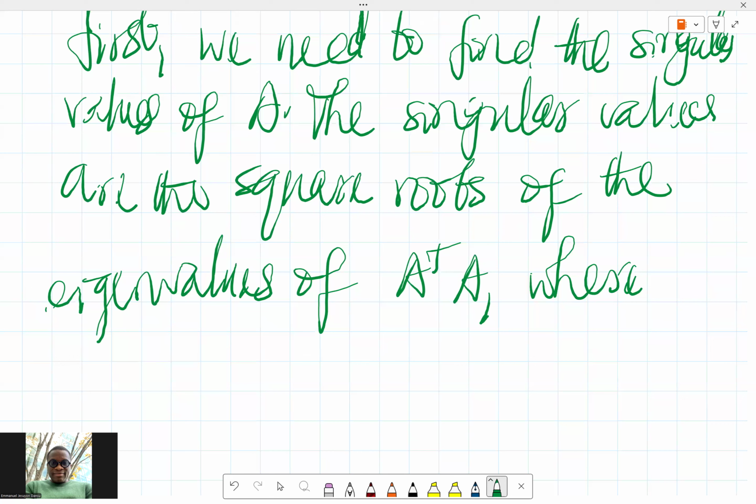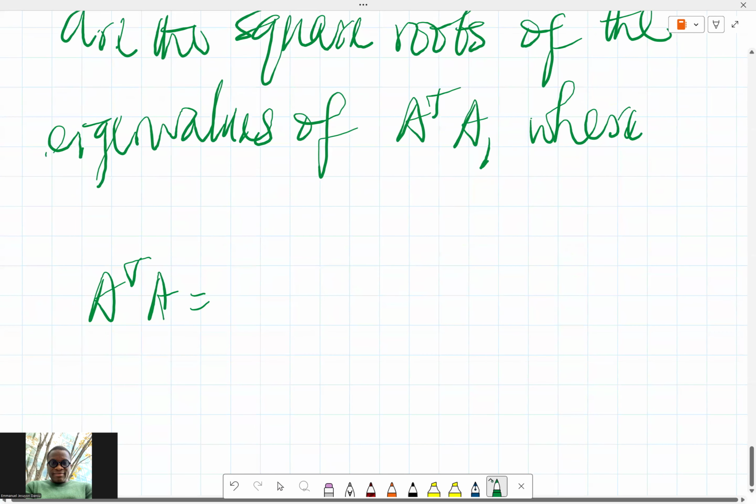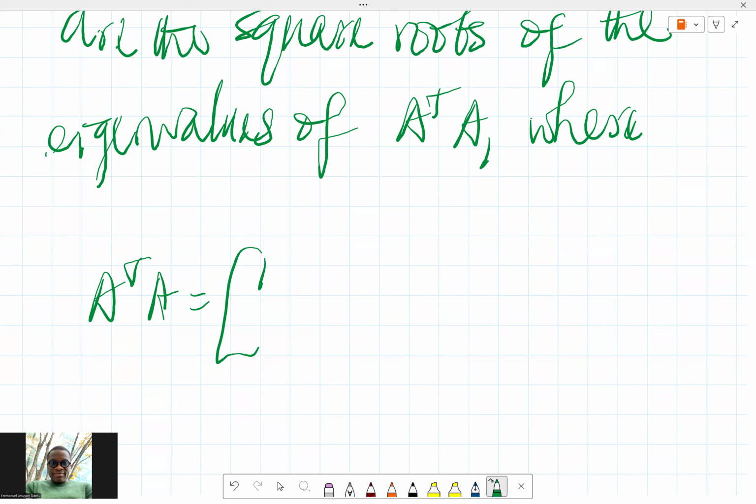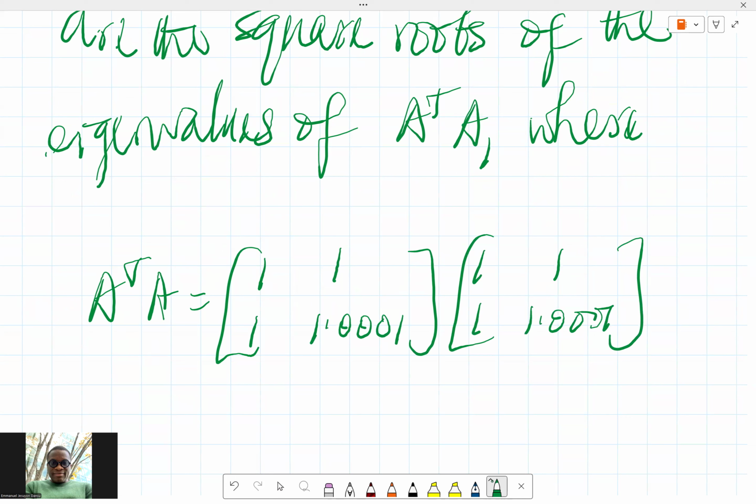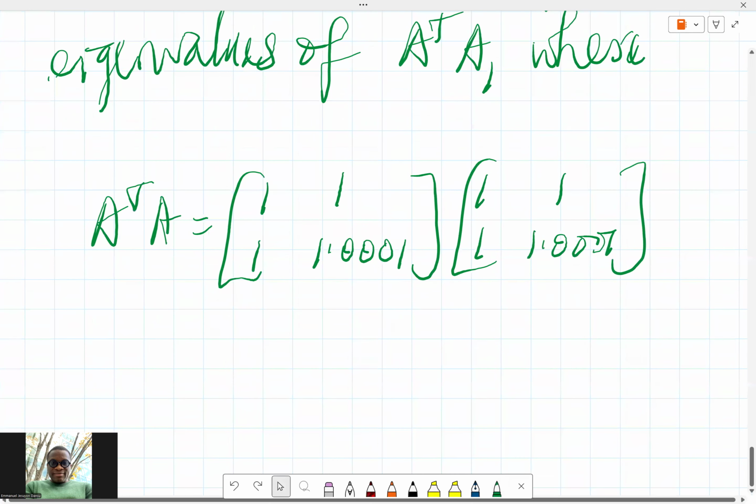The original A is the matrix with rows 1, 1 and 1, 1.0001. So A transpose A: row 1 becomes column 1, row 2 becomes column 2. Interestingly, the original matrix is symmetric.